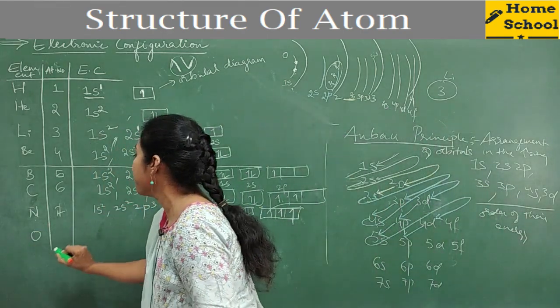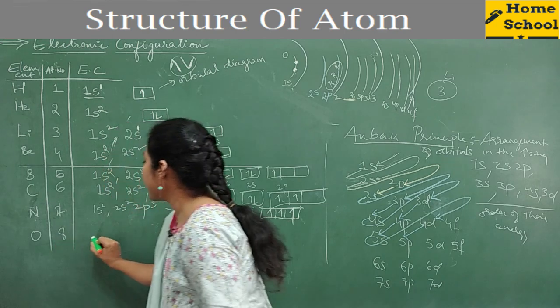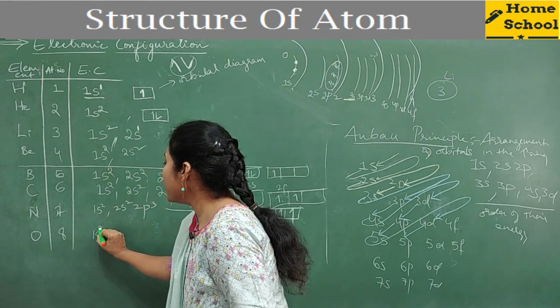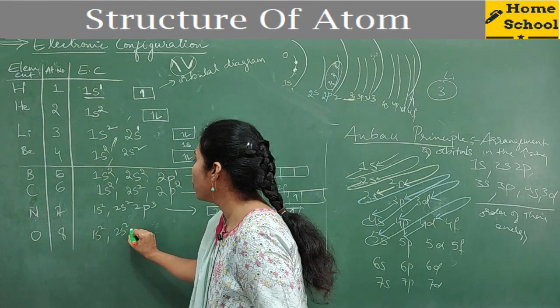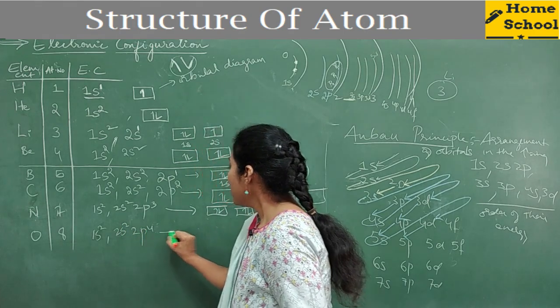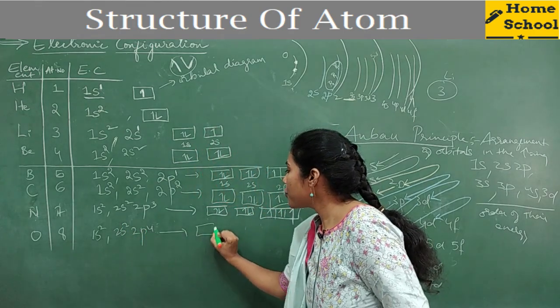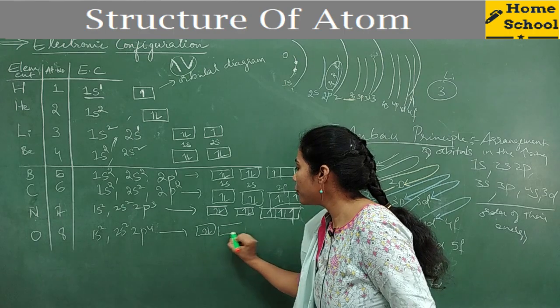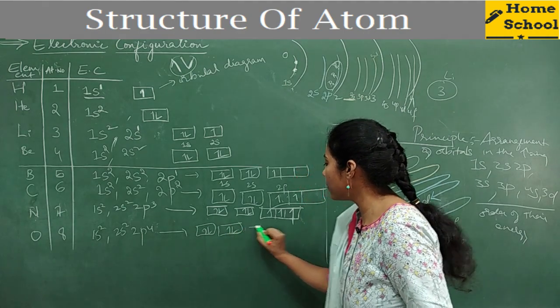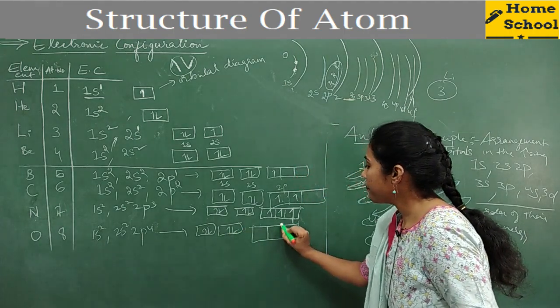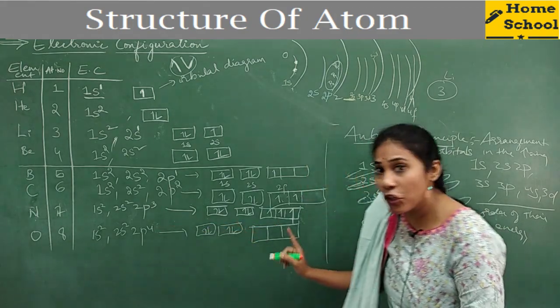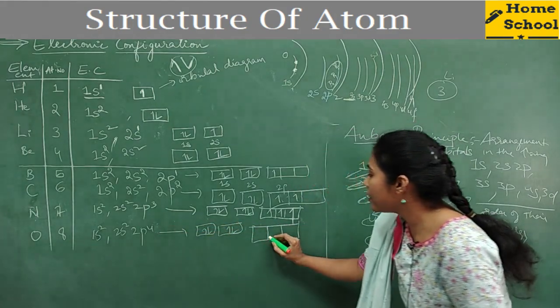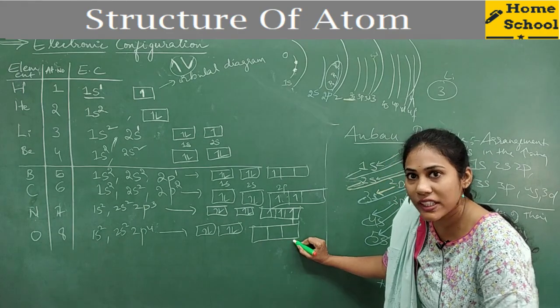See the oxygen. 8 electrons are there. So what is the electronic configuration? 1s2, 2s2, 2p4, right? What is the orbital diagram you will show here? This is 1s with 2 electrons, this is 2s with 2 electrons, and the p orbitals. 4 electrons are there in the p orbitals, and there are 3 p orbitals, so 3 boxes.